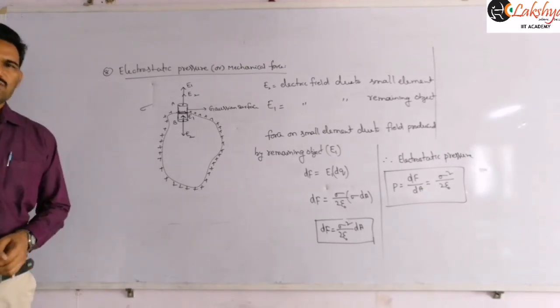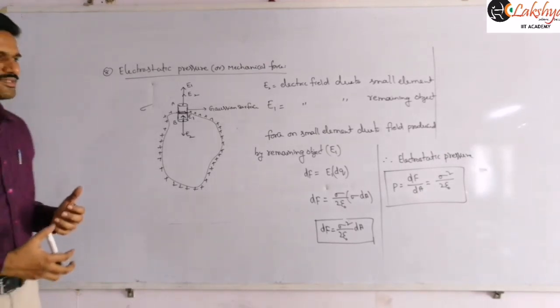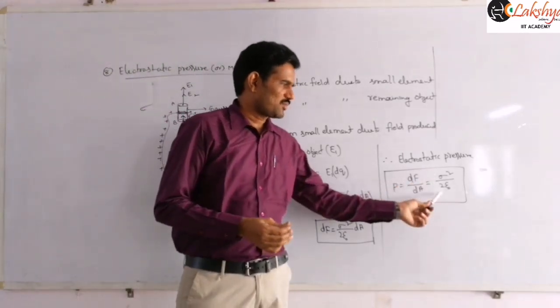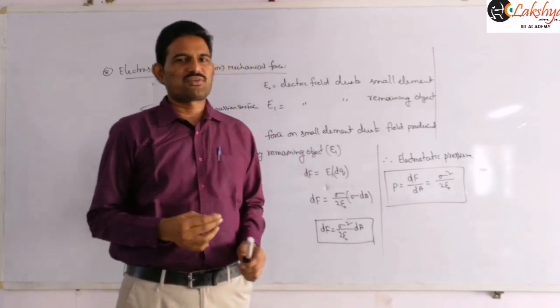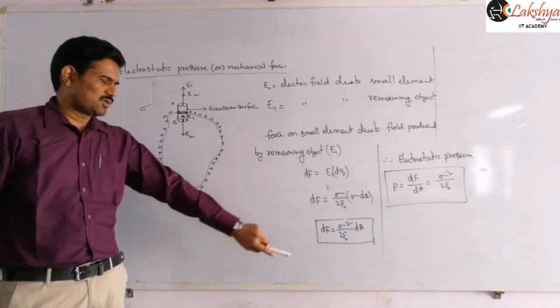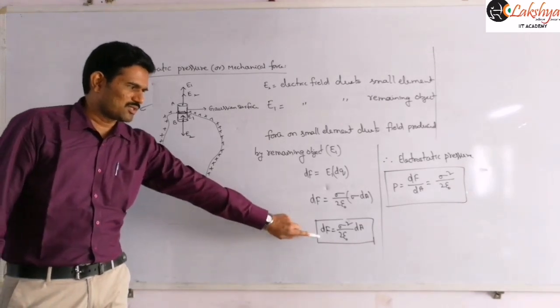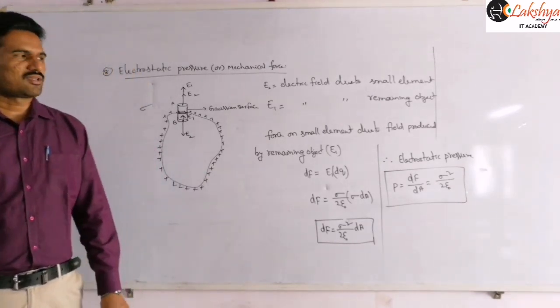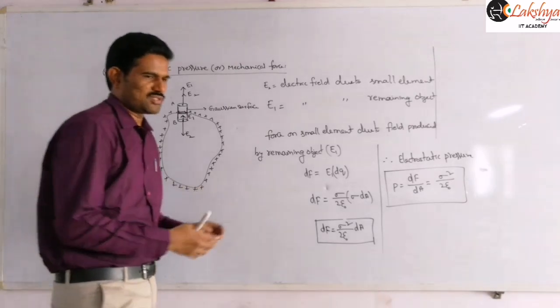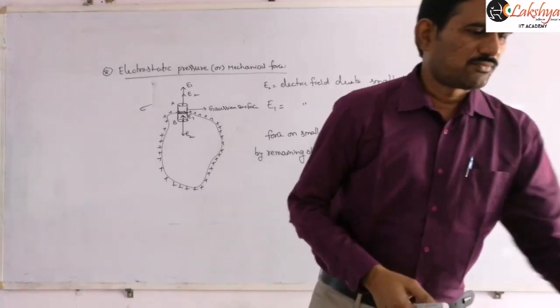The electrostatic pressure due to any charged object is given by sigma square by 2 epsilon naught, where sigma is the surface charge density present on it. This is the electrostatic pressure expression.